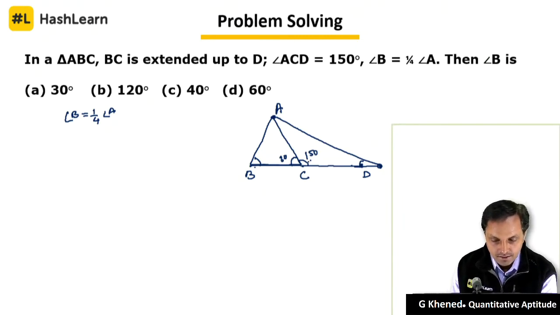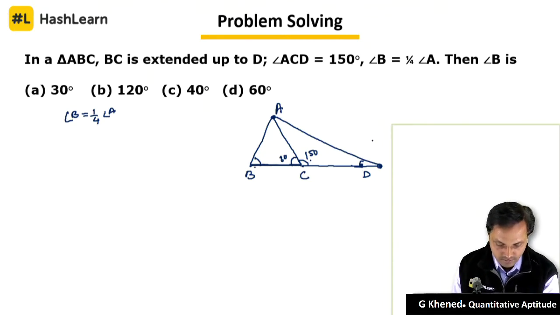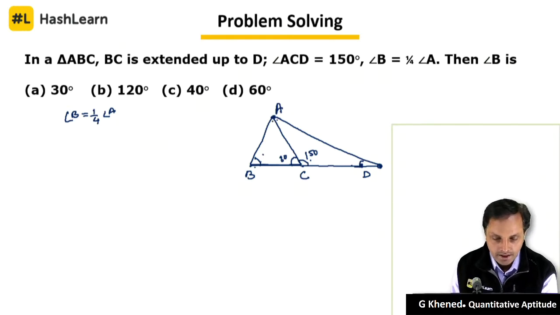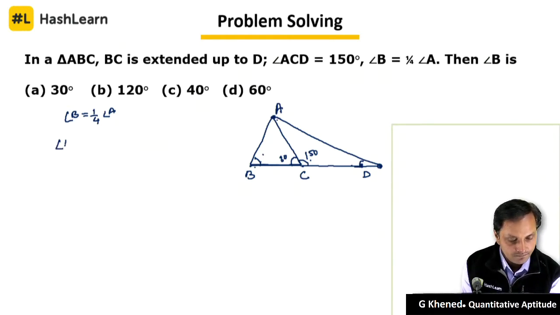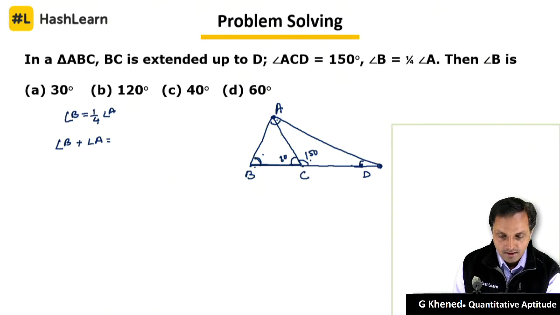If this is 150 degree, this plus this will be equal to angle B plus angle A. Attention, this angle plus this angle will be equal to ACD, that is 150 degree.